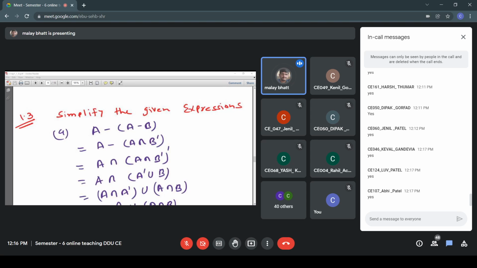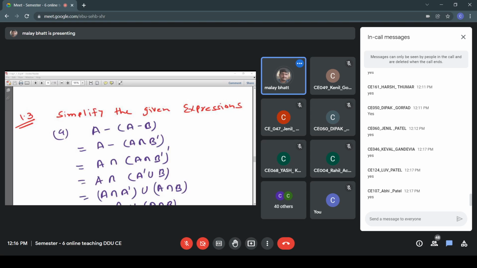Now again we have a minus, so it is a set difference of A with A intersection B dash. Again I will use the same equation, so I will write A intersection, now the complement of A intersection B dash. Again I will apply De Morgan's laws of complement, so we'll get A intersection with A dash union B, because it is the complement of A intersection B dash.